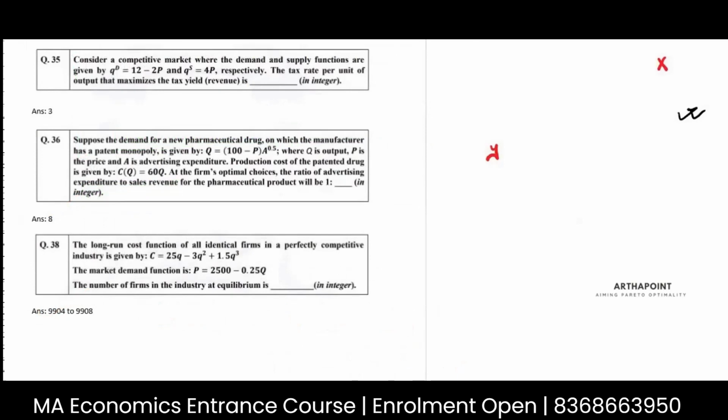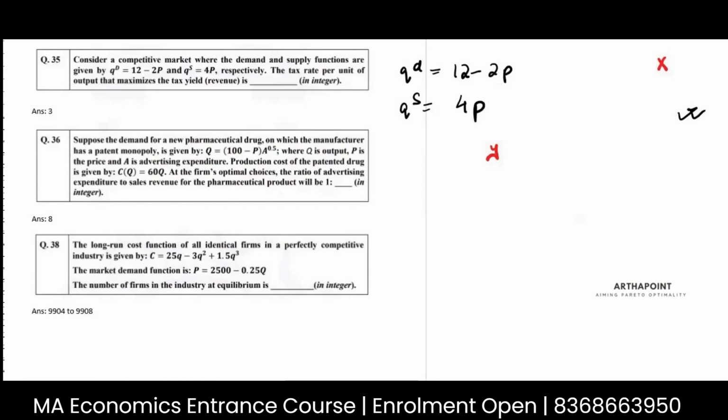It says consider a competitive market where demand and supply functions are given by this. Very simple. You're given a demand function 12 minus 2p, and you're given a supply function 4p. The tax rate per unit of the output that maximizes tax yield is. Okay.